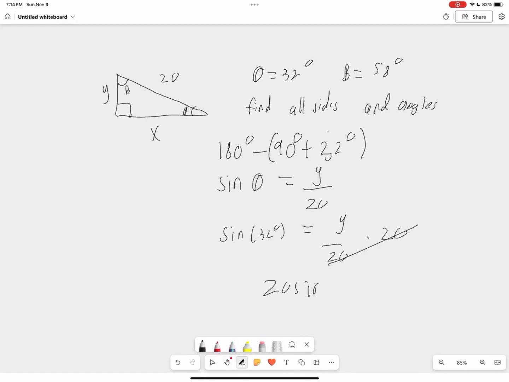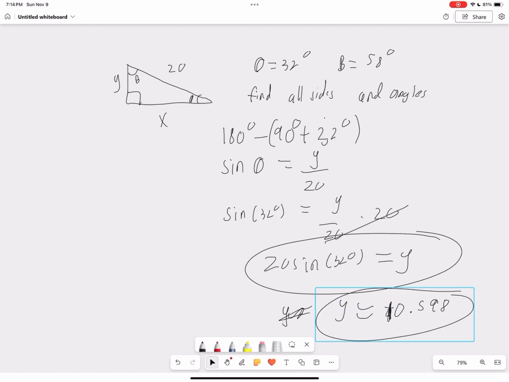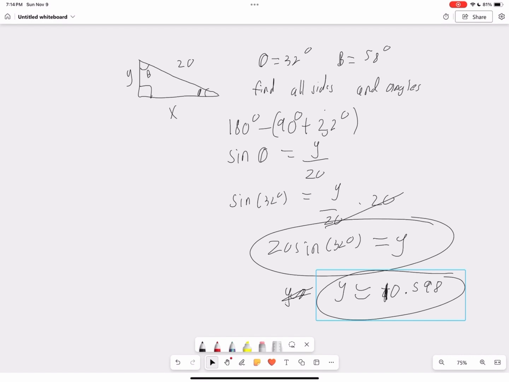Now we can rearrange and solve for y. So 20 sine of 32 degrees equals y. So y is approximately 10.598. This is a 10, not a plus. Okay.